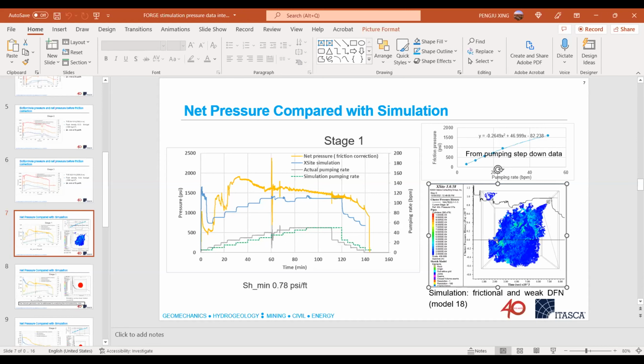The fractures that we included, I think we had a minimum size of a radius of, I want to say, 10 meters. And we modeled the fracture size distribution as a power law distribution. So there's many more smaller fractures that we did not include in the model.